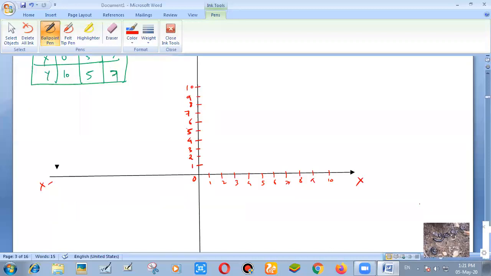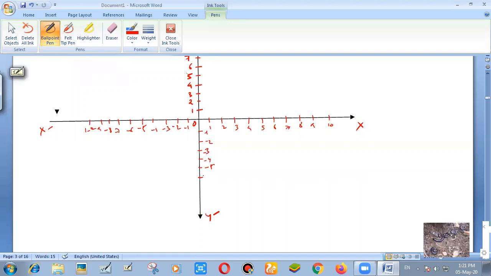And again on the negative side, -1, -2, -3, -4, -5, -6, -7, -8, -9, -10.